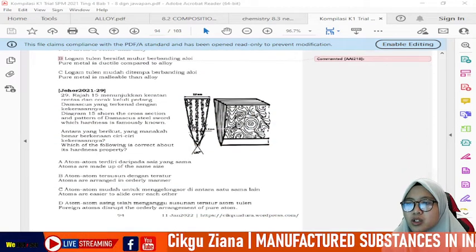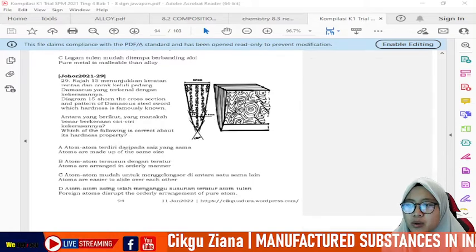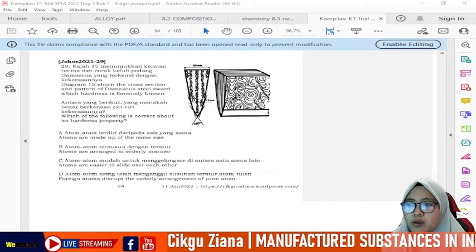Okay, diagram 15 shows the cross-section pattern of a Damascus steel sword, whose hardness is famously known. Which of the following is correct about the hardness? Ama? Which is the answer?